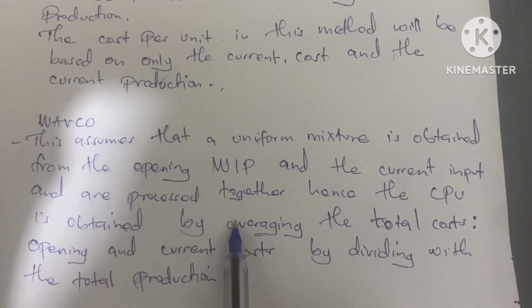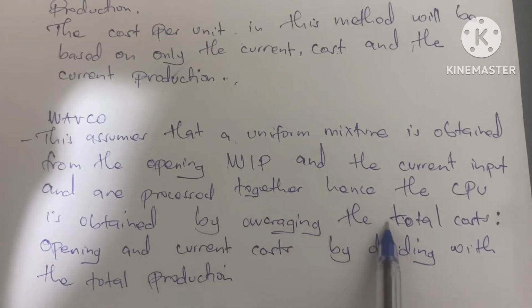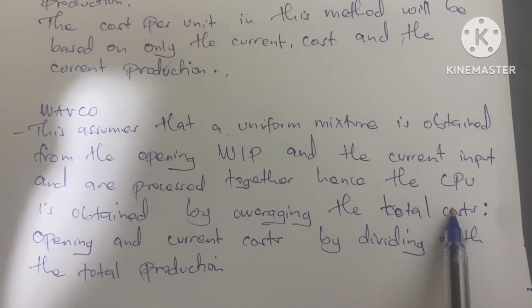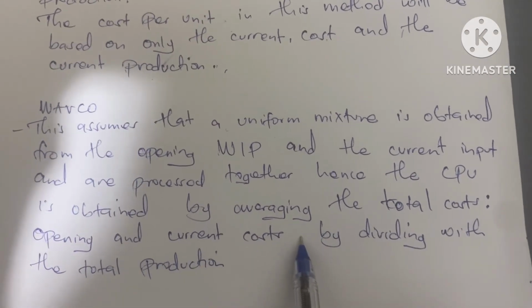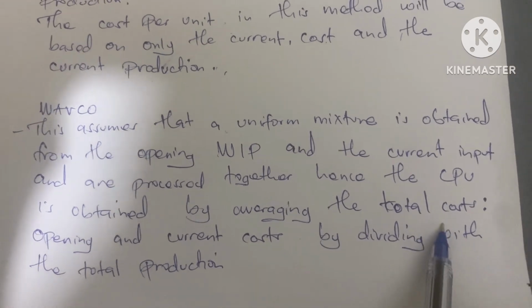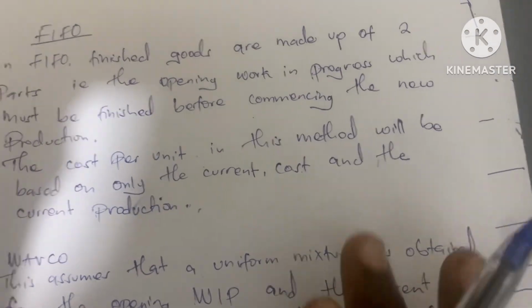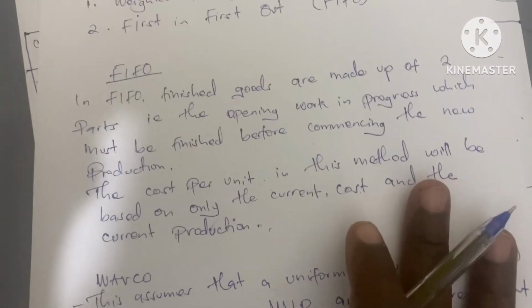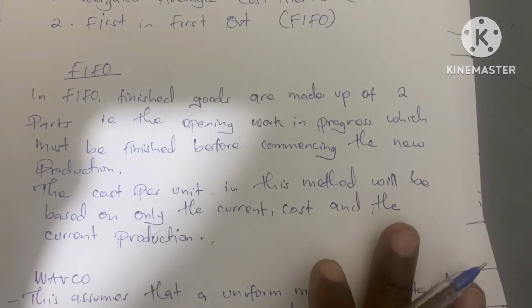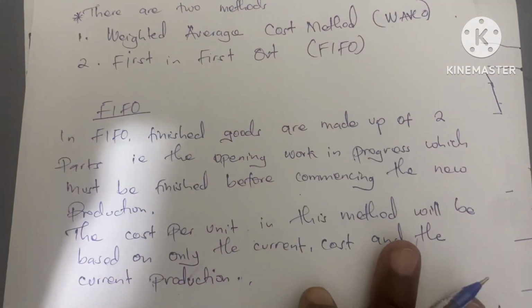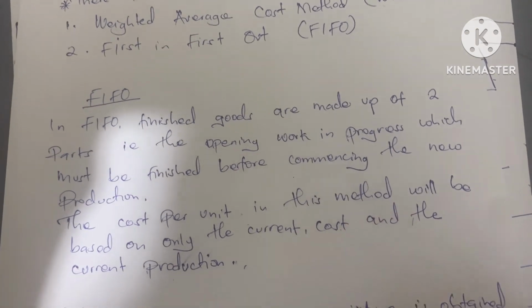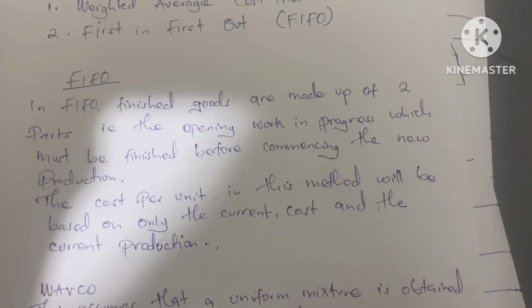Hence the cost per unit is obtained by averaging the total cost, the opening cost plus the current cost, by dividing with total production. We are going to see this in an example, but these are the two methods that we use, the weighted average cost method and then the first in first out method.